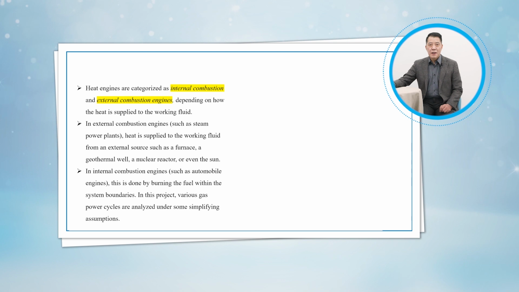In internal combustion engines, this is done by burning the fuel within the system boundaries. In this project, various gas power cycles are analyzed under some simplifying assumptions.